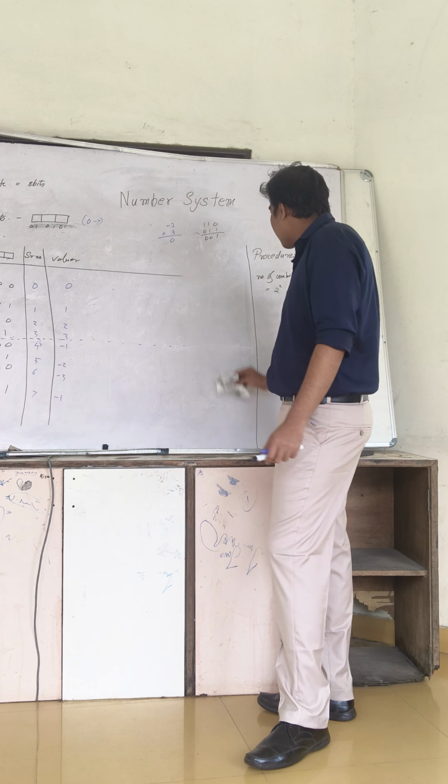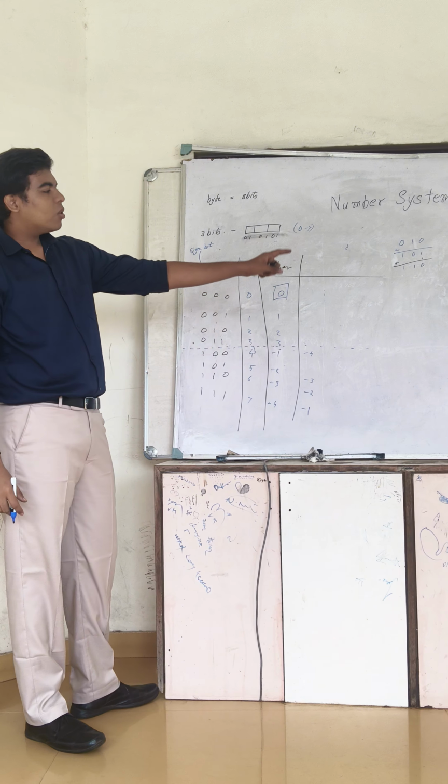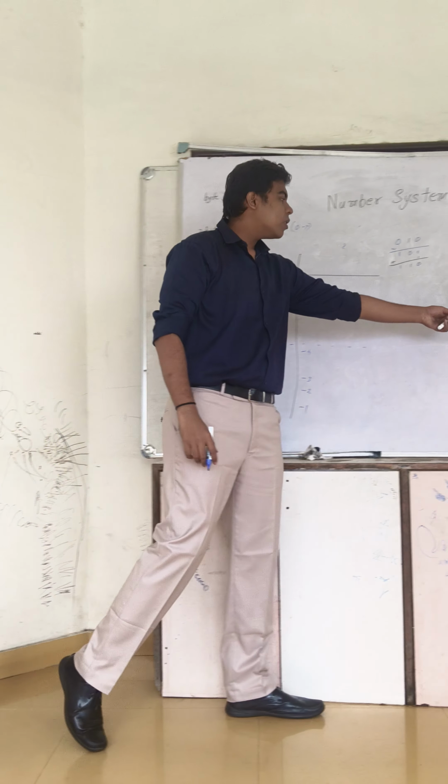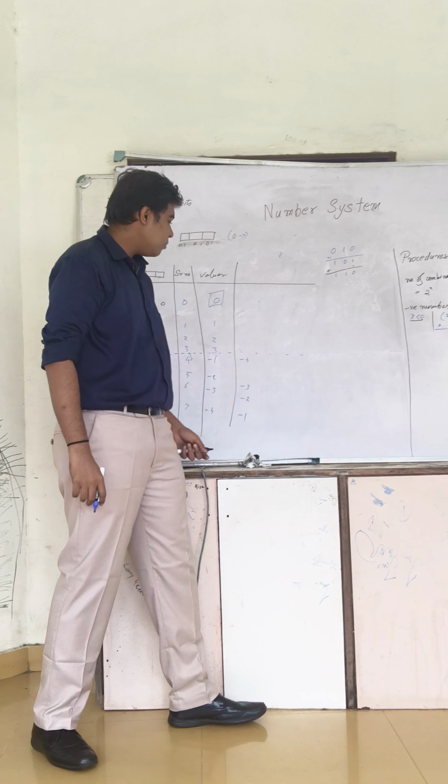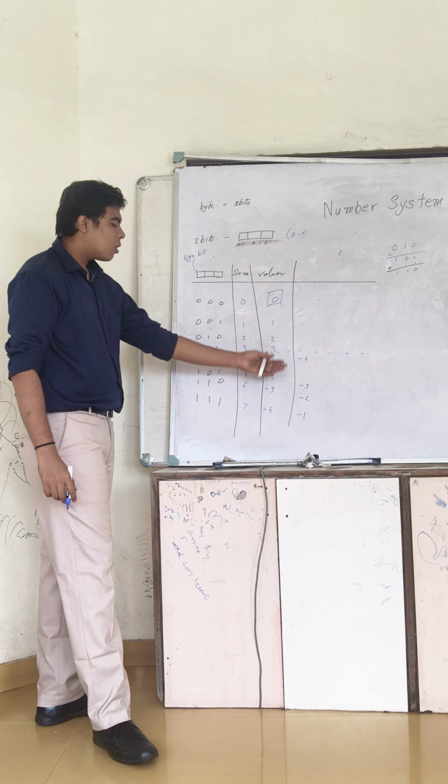So this will be considered negative 1, then negative 2, as we have seen, then negative 3, and this as negative 4. So we have performed the calculation only if the number is less than 0. These are all the numbers which are less than 0, and for the positive numbers, they stay the same: 0, 1, 2 and 3.